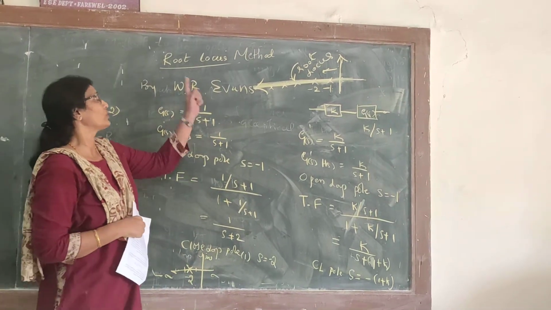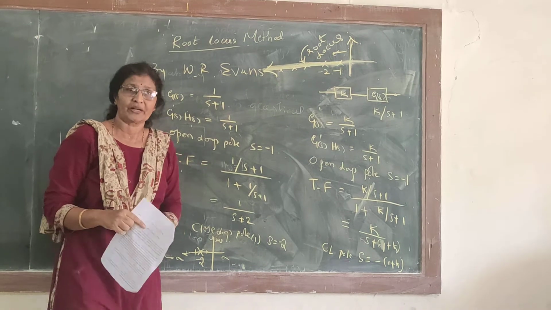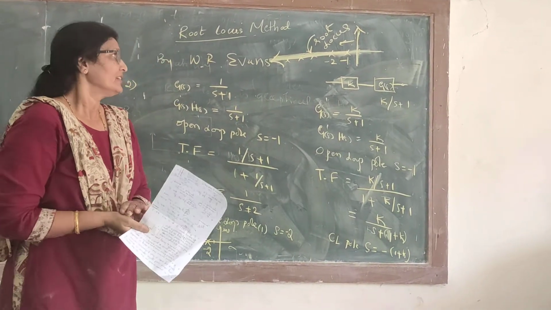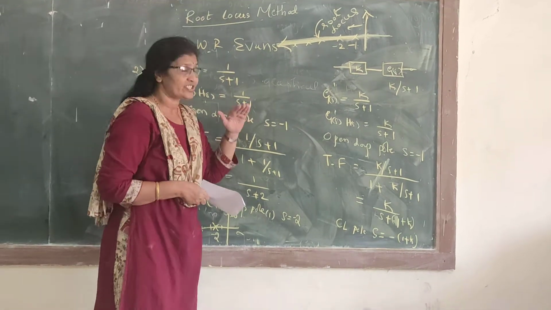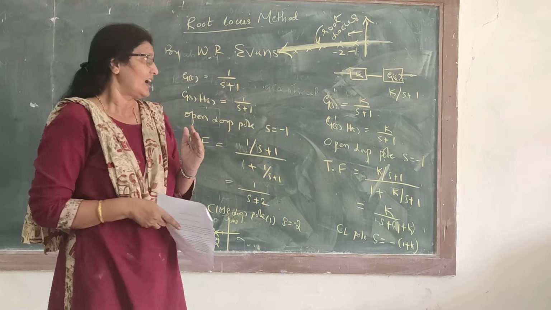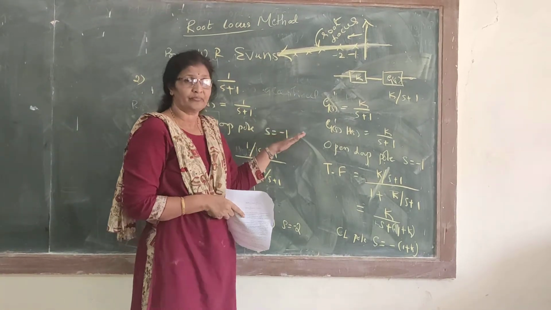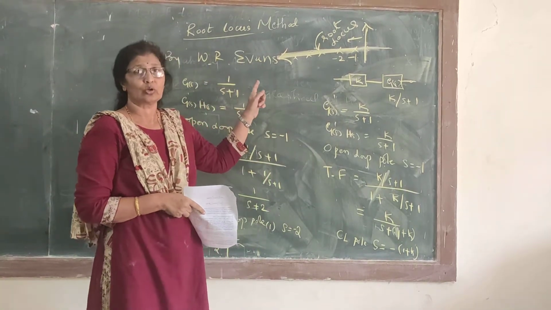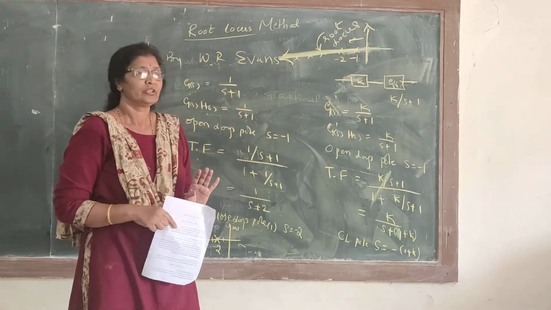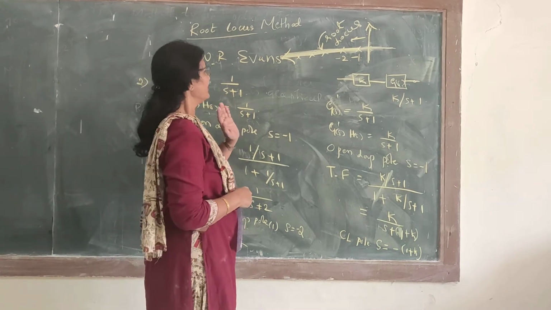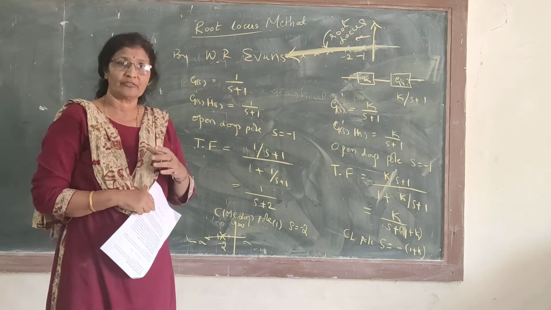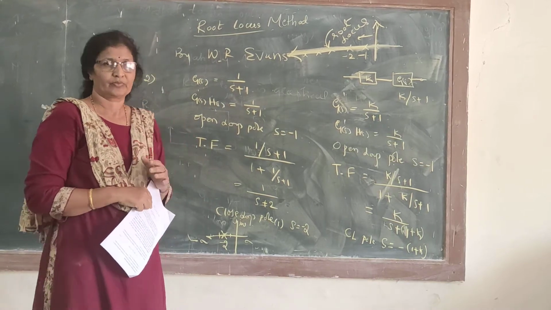This is the root locus method to predict the stability of a designed system. The effect of a change in a system parameter can be analyzed with the help of this root locus method. This is the smartness of this method. We can use it very effectively to predict the stability of a designed system.